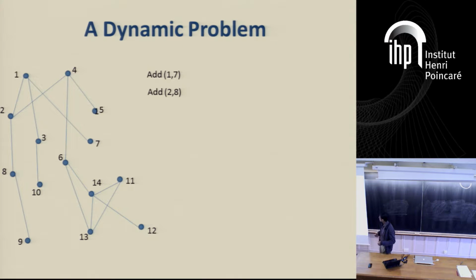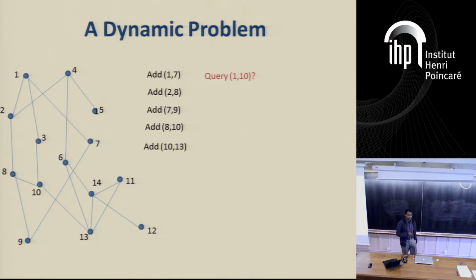So then you might get a next request. Well, now the edge connecting vertex number 2 to vertex number 8 needs to be put in. And you update your data structure. You do this as the requests come in. And then there might be a request that's a little different type, which says, well, in the current graph that you have, what's the length of the shortest path connecting vertex 1 to vertex 10?